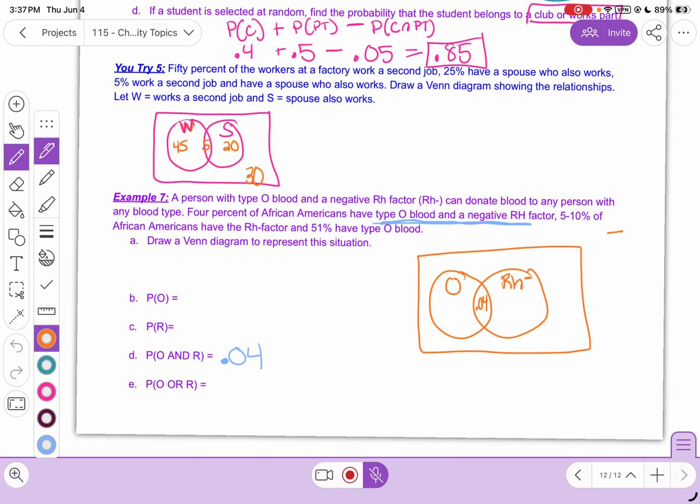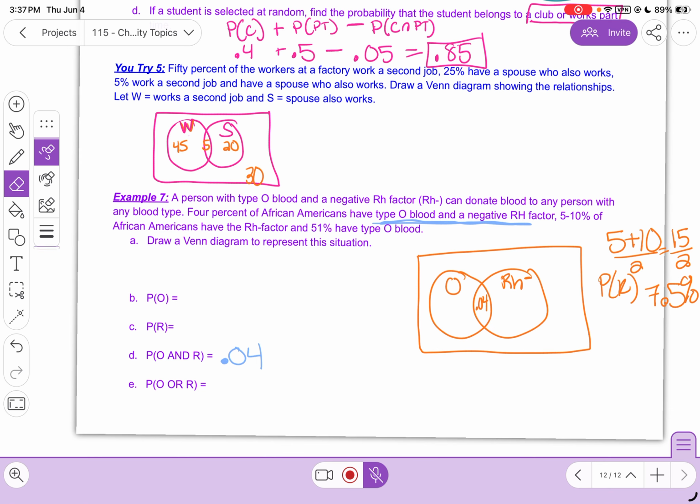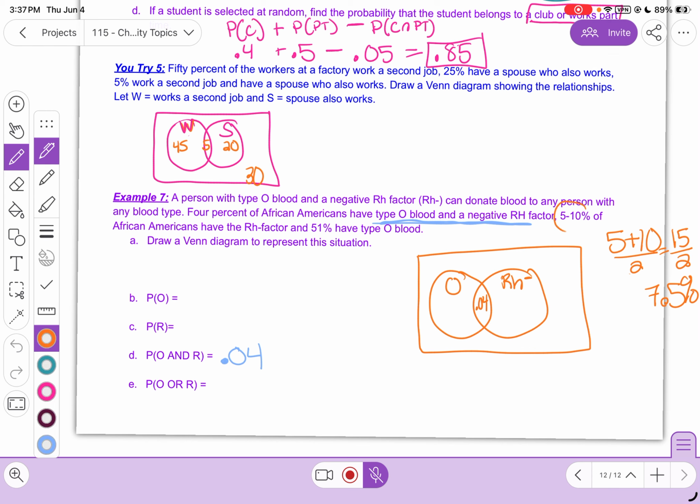So 5 to 10, if we add that together, we get 15. So somewhere in the middle, 15 divided by 2 is 7.5. So we're going to say 7.5% of people have Rh negative blood. Is that fair? Okay, we're going to go with that because this is an average. So we're going to say Rh negative is 0.075.